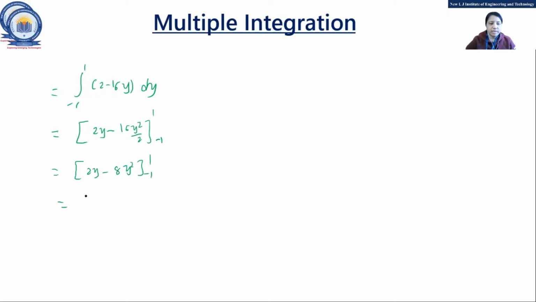Just apply the upper and lower limit. So it is 2 minus 8, minus again here minus 1, so minus 2. Now minus 1 square is 1, into 8, so minus 8. So now you can see 2 minus 8 plus 2 plus 8. So your answer would be 4. Your answer is nothing but a 4.